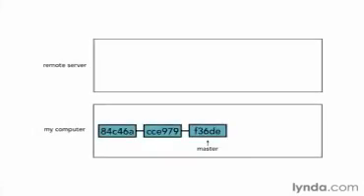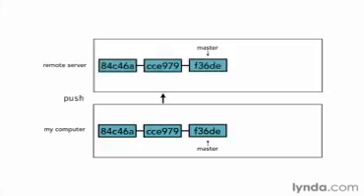I think for illustrative purposes, it was good to see it as two separate branches with two sets of commits. But in reality, we have a head pointer for master that points to the third commit. When we do a push and push it to the remote server, it creates the commits there and moves the head pointer for master to the third commit, and then also adds another pointer that points to the same commit on our local computer.